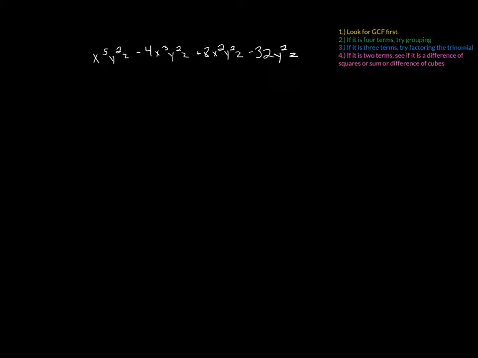Okay, let's start by looking for a common factor. The coefficients 1, 4, 8, 32 do not have anything in common. However, they do all have a y squared and they all have a z. So that would be my common factor.